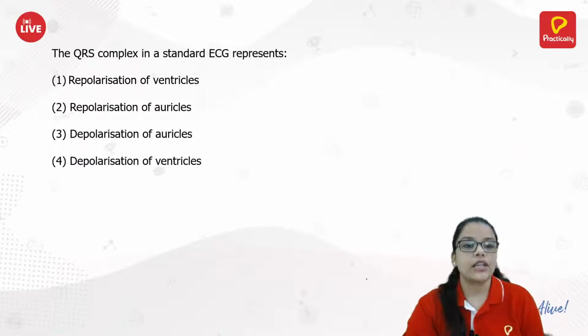Okay, next, the QRS complex in a standard ECG represents repolarization of ventricles, repolarization of auricles, depolarization of auricles, depolarization of ventricles.